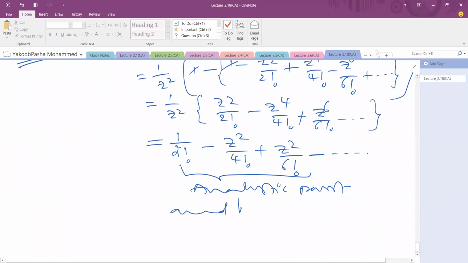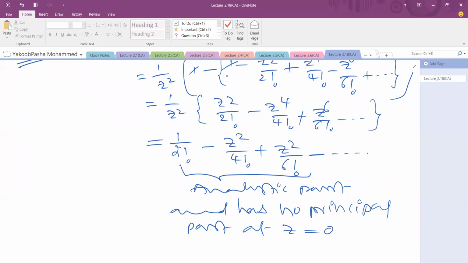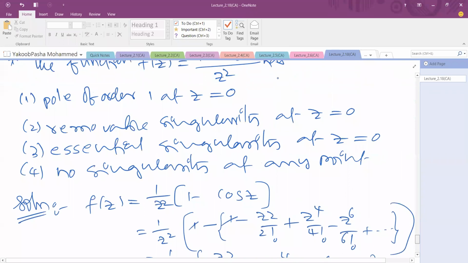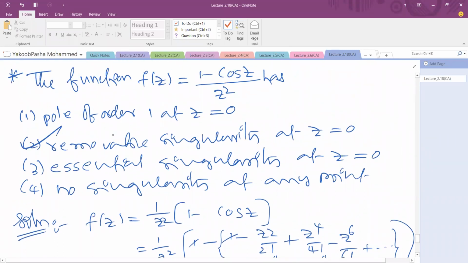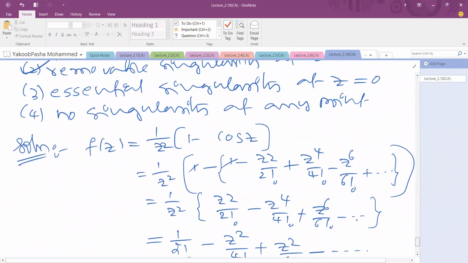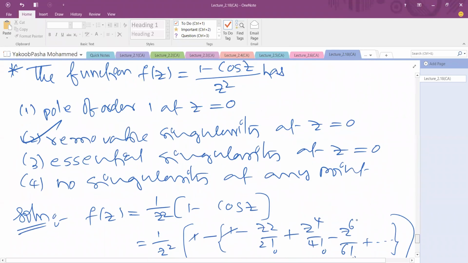The function at z is equal to 0 is a completely analytic function, so the expansion of f of z has only the analytic part. And as there is no principal part, it means it is a removable singularity at z is equal to 0. Okay, so option 2 is the right option.